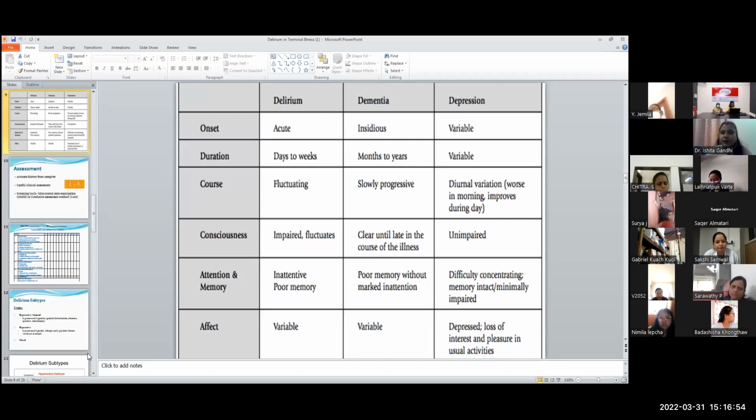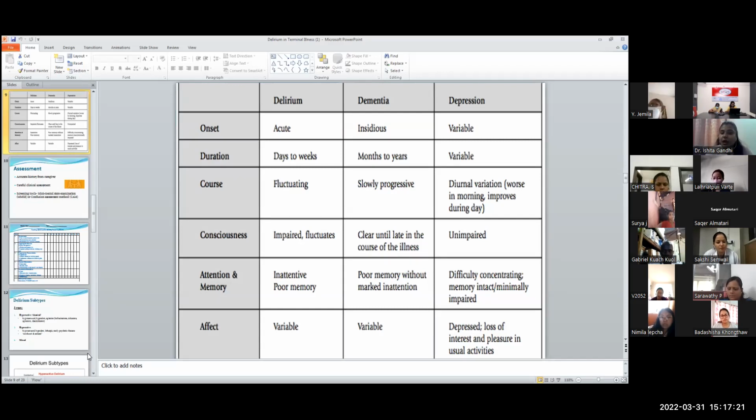Depression, again, the course is going to be variable. Delirium is fluctuating in nature. Dementia is progressive, although slowly progressive, but progressive in nature. And depression generally sees a diurnal variation. It is worse in the morning and improves during the day. And by the night comes, maybe it worsens again.